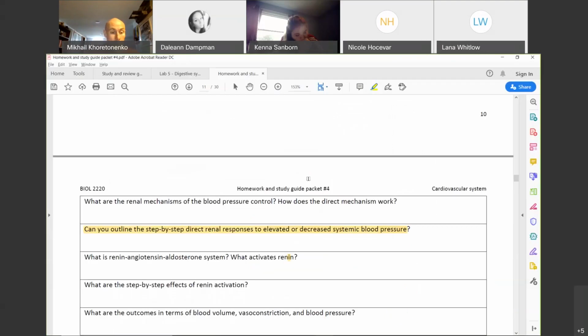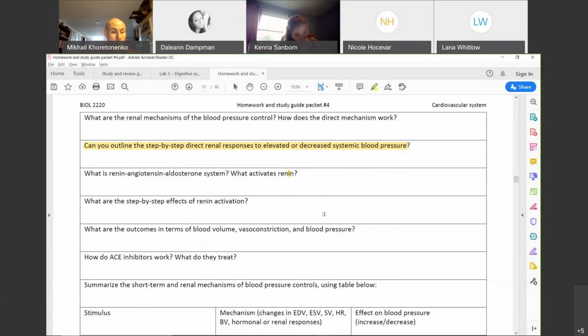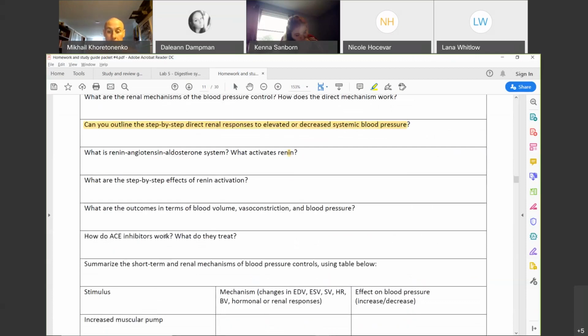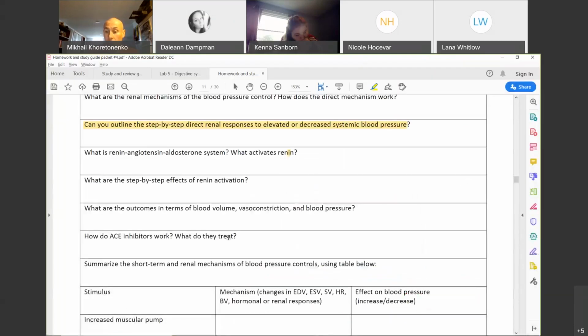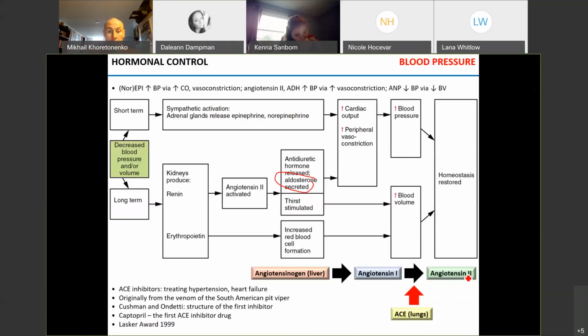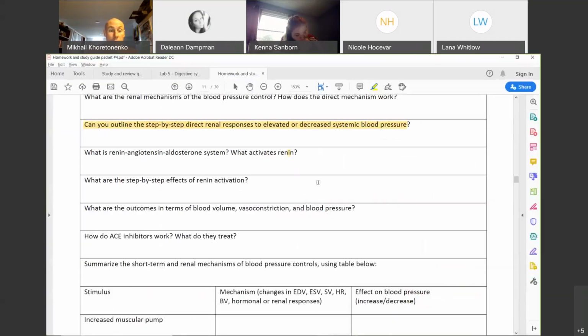Aldosterone. And angiotensin leads to vasoconstriction. ACE inhibitors inhibit the conversion of angiotensin 1 to angiotensin 2. Therefore, if no angiotensin 2 is produced, no aldosterone is secreted, so that reduces the blood pressure.